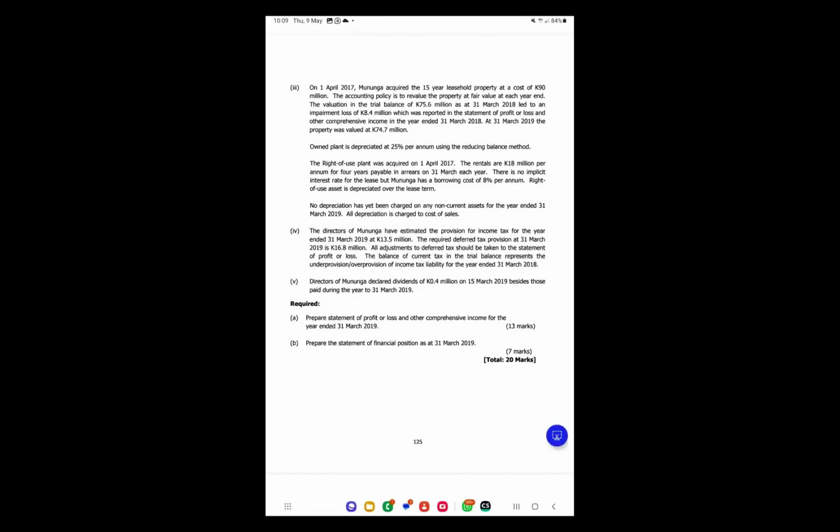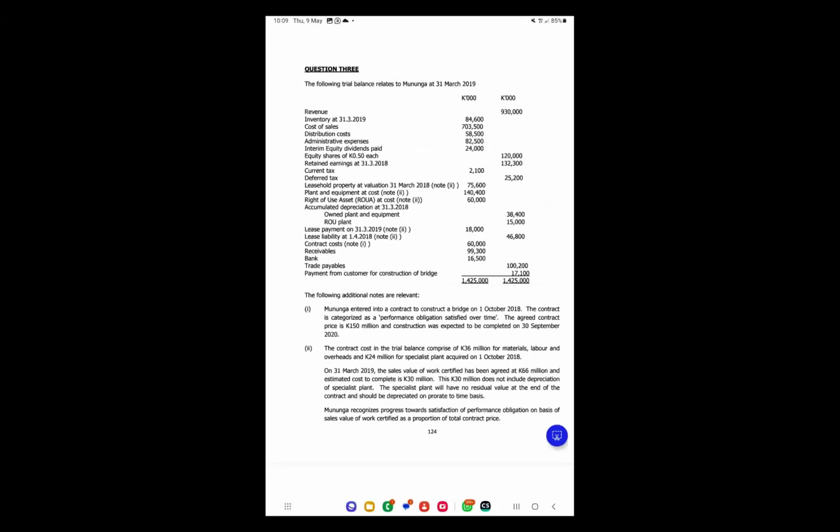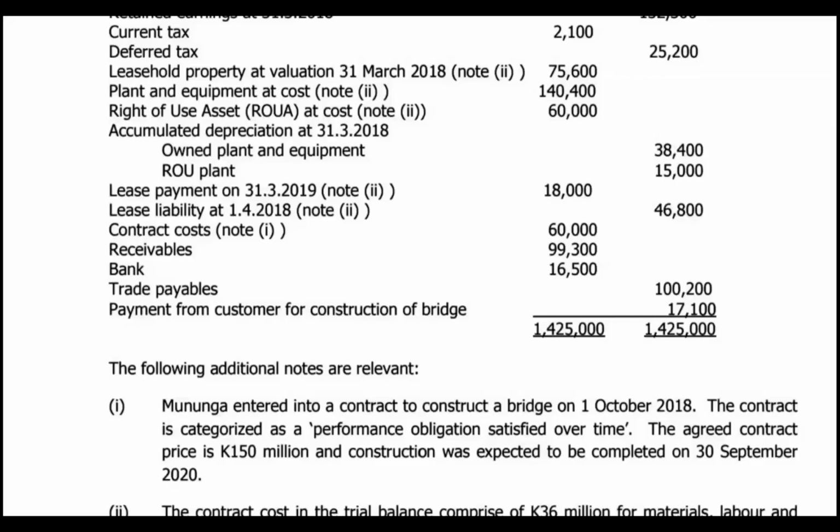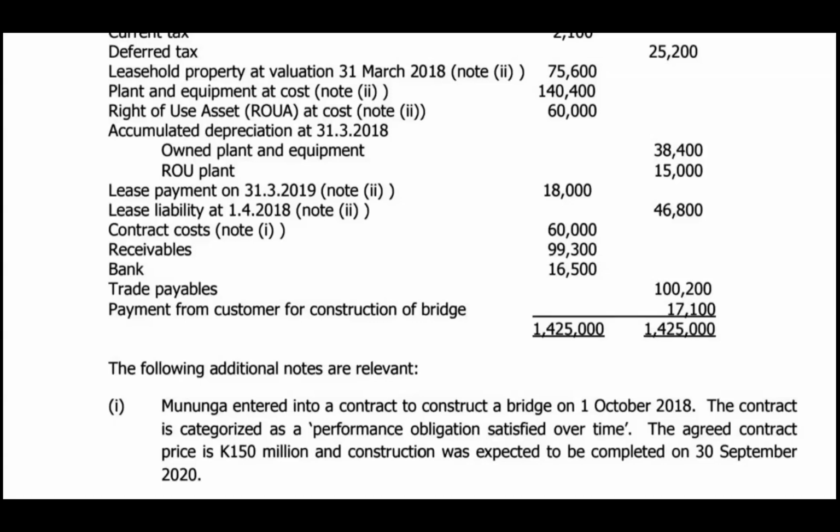So how do you do the workings? This is very important. Remember, I've told you that the tax expense that you're going to calculate shall be the difference between the current tax and the deferred tax. Let's start from the current tax. How do you find the current tax?